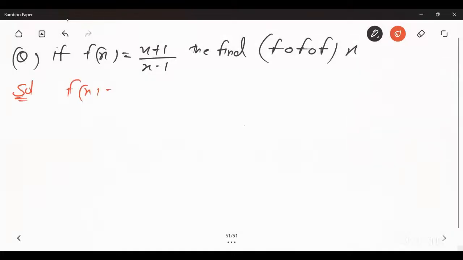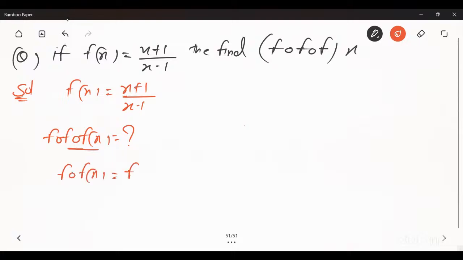Now what is f(x)? (x plus 1) by (x minus 1). So we have to find f of f(x). Now firstly find this part, f of f(x).